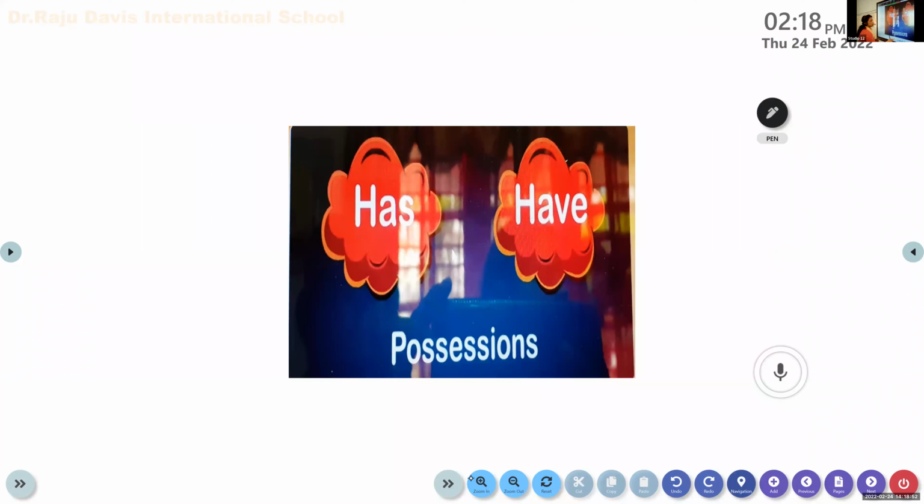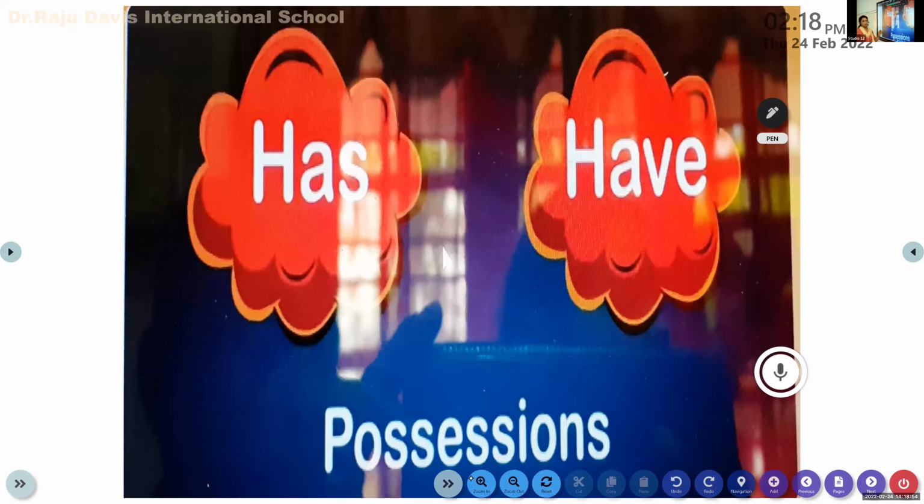We use has and have to say what someone owns or what someone possesses. Possess means what you own. So in order to say what someone owns, we use the helping verb has and have. For example, I have a big car.